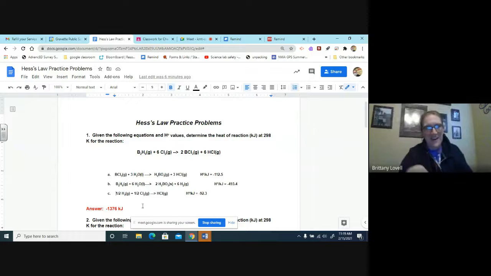If you go back and look at equation A, do you see something in equation A that we're going to need on the product side? Because I do. And it's the BCl3. So what we're going to need to do with that whole equation is we're going to have to flip it. That BCl3 has got to be on the product side.